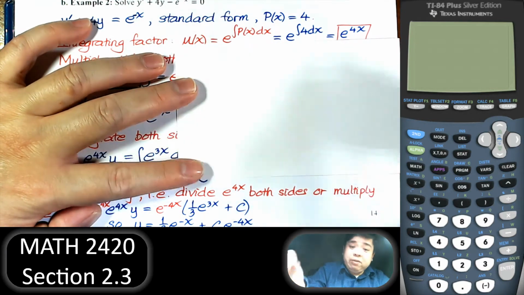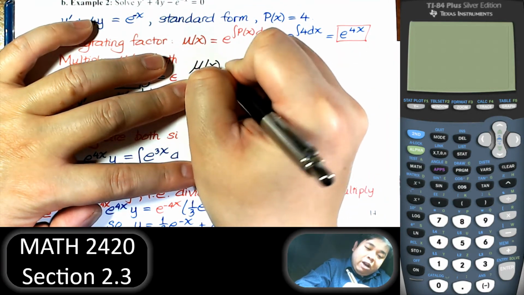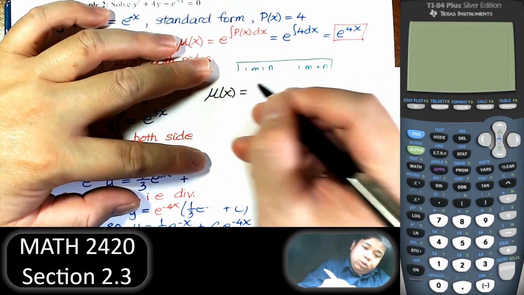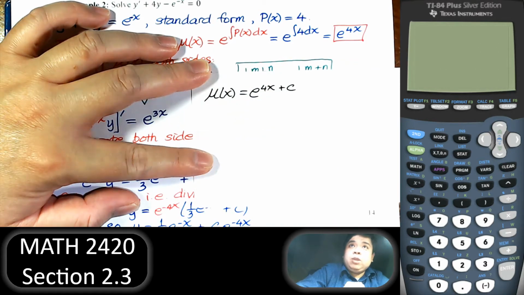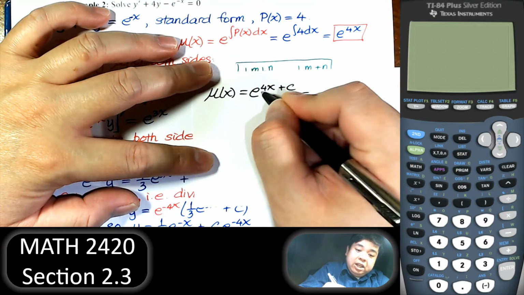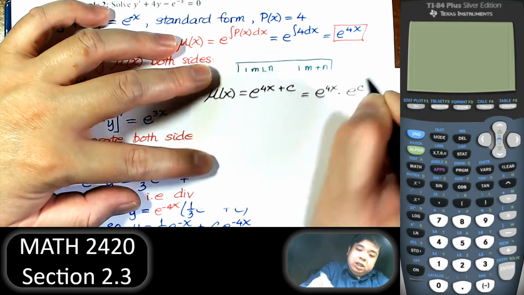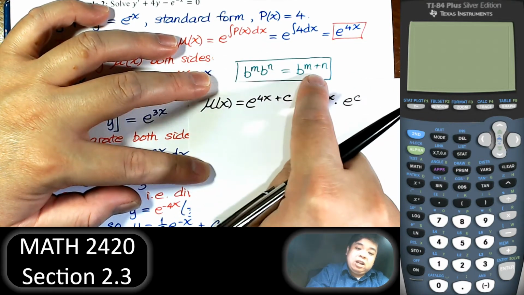All right, let's say there is the constant c, so suppose the integrating factor, instead of e to the 4x, is e to the 4x plus c, right? And we did this in the previous section. E to the 4x plus c is e to the 4x times e to the c, and we use the same properties here, but going from the right hand side to the left.